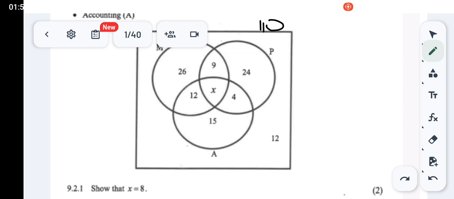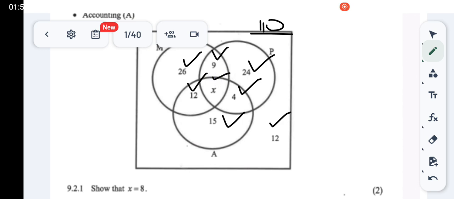So to calculate X, we need to add all of these: 26, 9, 24, 12, 4, 15, 12, and equate the sum, not forgetting plus X, to 110.